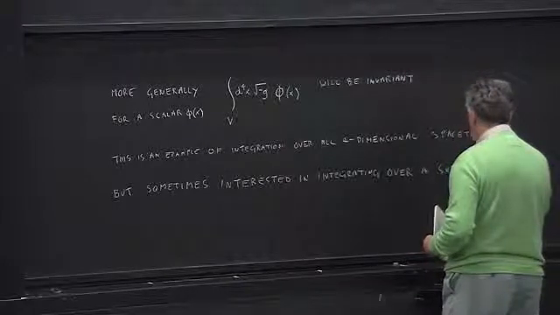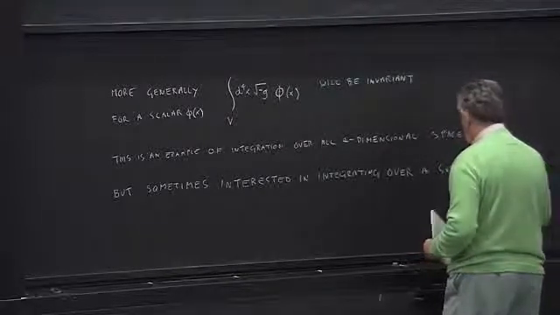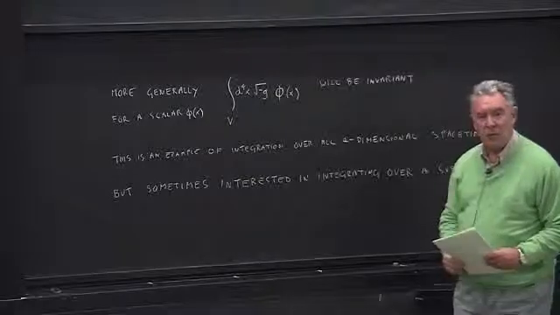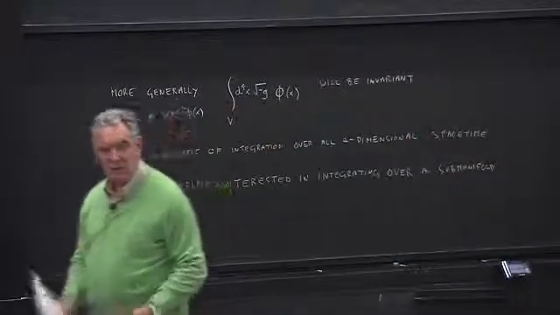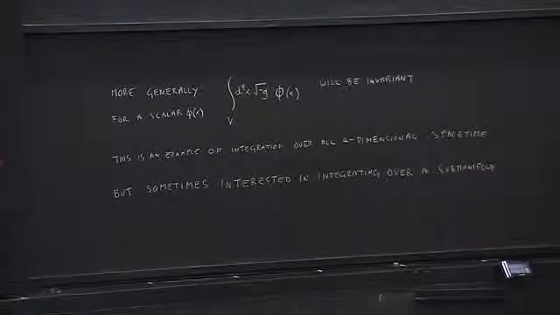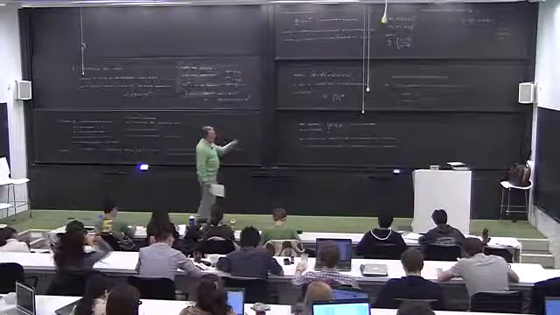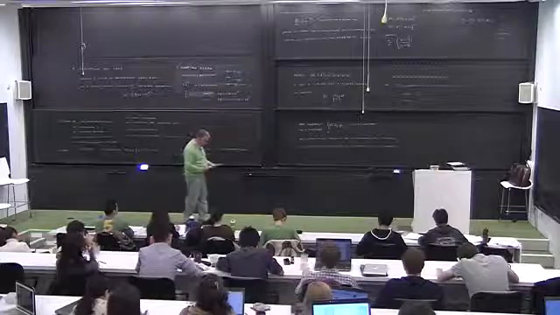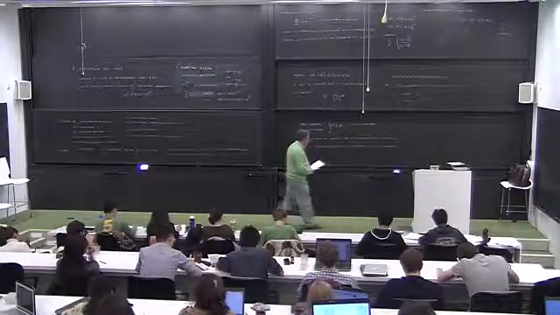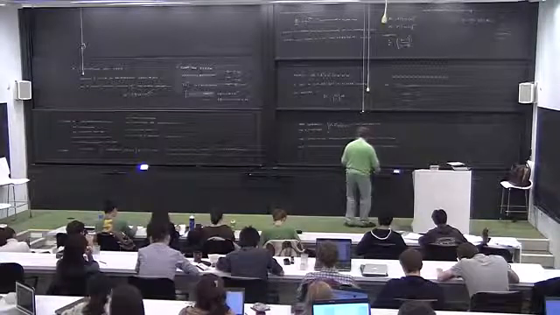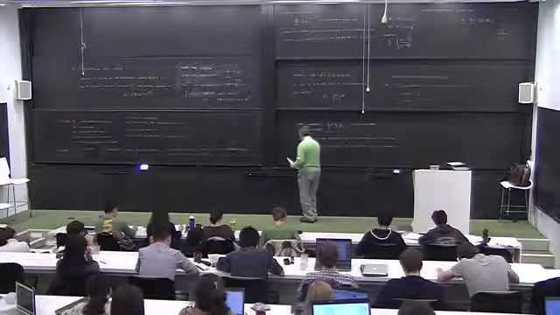Manifold here is a mathematical term that we won't get too precise about. I'm using it interchangeably with space. Sometimes we want to integrate over a subspace of the four-dimensional space. Now, how do we parameterize a subspace?